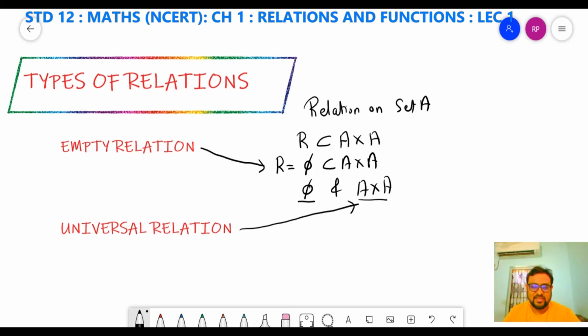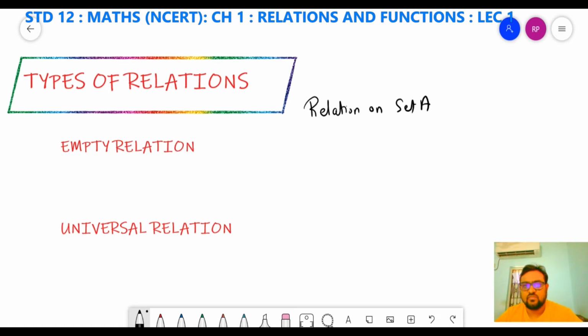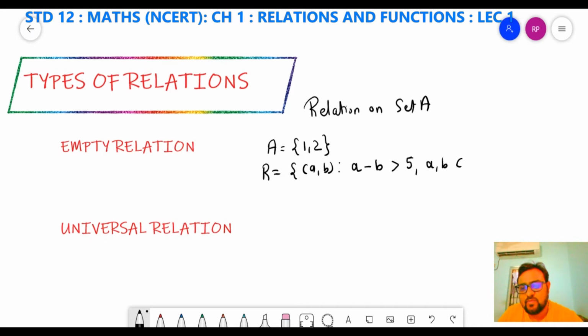Here, let's take an example. If I take set A equal to {1, 2}. Clear? Now, if R is defined as {(a, b) such that a minus b is greater than phi, a, b belongs to A}.